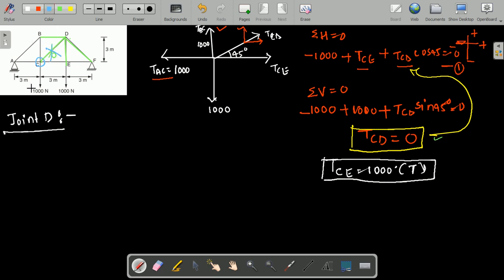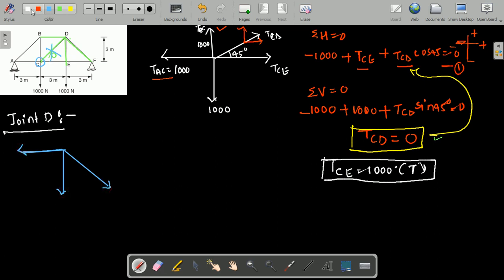The same thing I will write in the free body diagram, TBD, clear, and from this TDE, the same thing I am writing, whatever I have highlighted. This is TDE, and I will write the values, and CD is 0, therefore I have not written it.